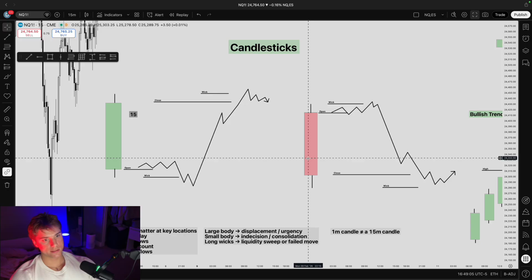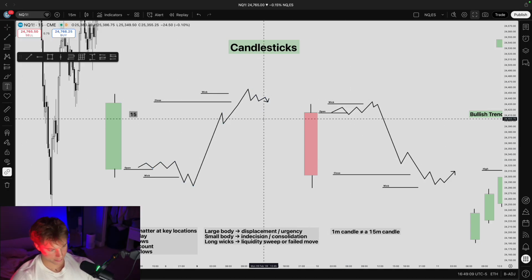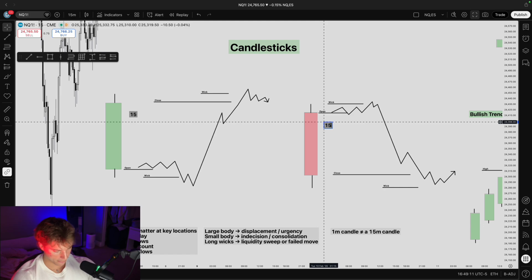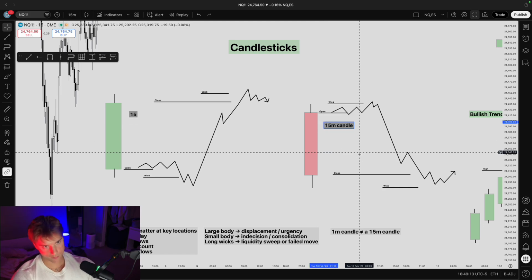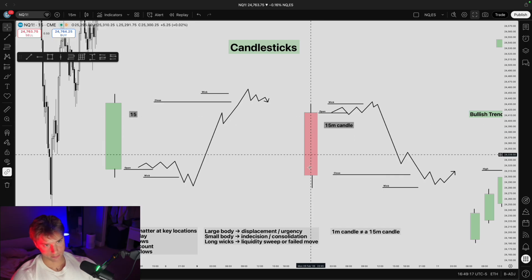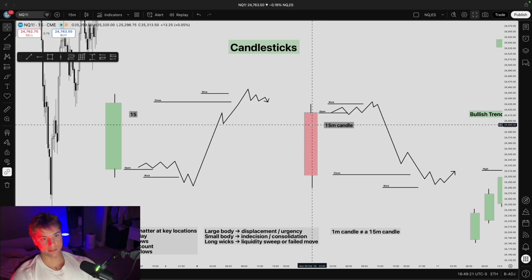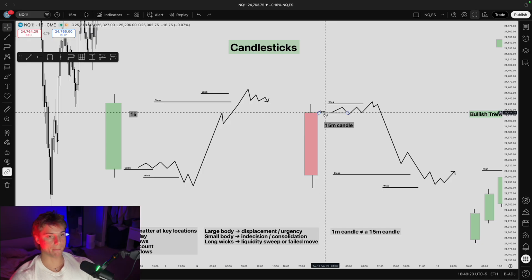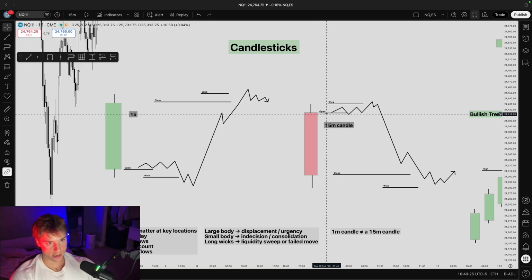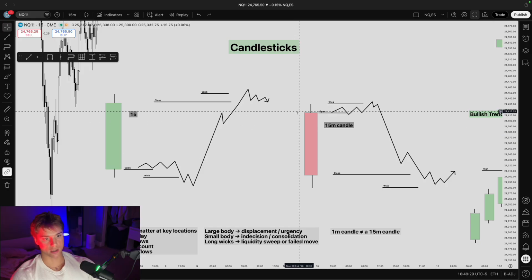If we use the same concept of this being a 15-minute candle, this is the body, the red is the body, and these two little candle-like wicks are the wicks. So, price opened up here because it's a bearish candle. So on a bearish candle, it's always going to open at the top and then close at the bottom.